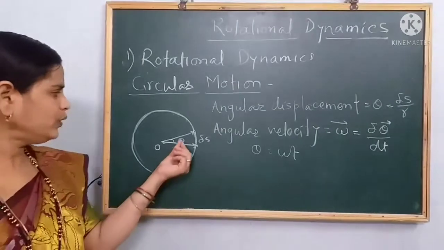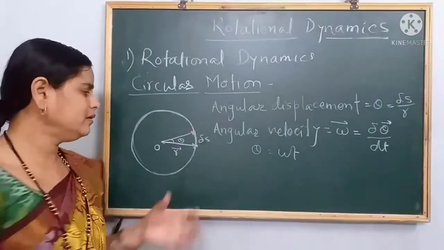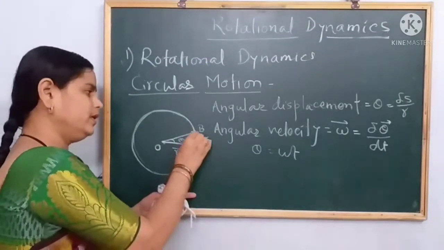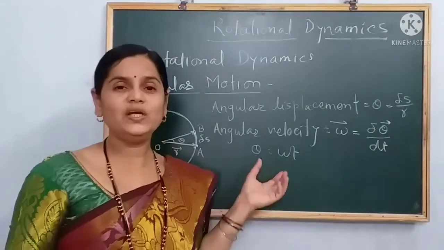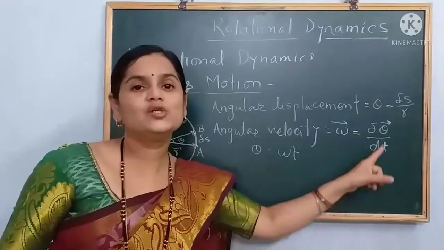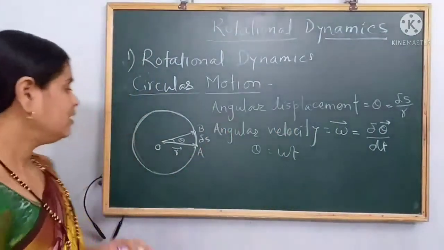Within a short interval of time delta t, the particle moves from point A on the circumference to B. Then the angular velocity with which it is moving is nothing but the rate of change of angular displacement, which is delta theta by delta t.